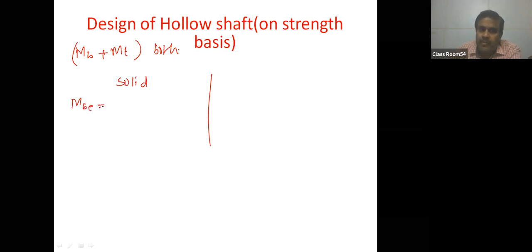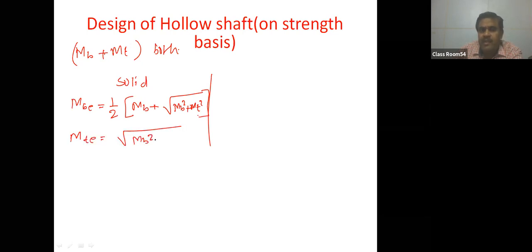The equivalent bending moment is given by half of MB plus root of MB square plus MT square. This is the formula for the equivalent. And for the equivalent torque, we have the formula MTE equal to under root of MB square plus MT square.